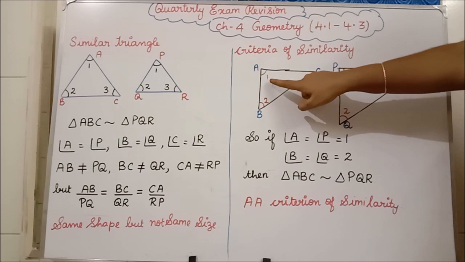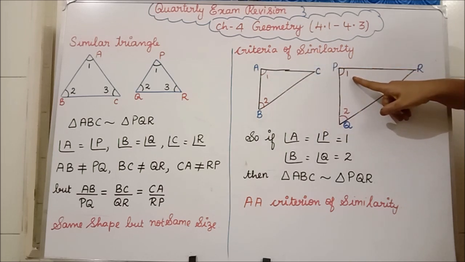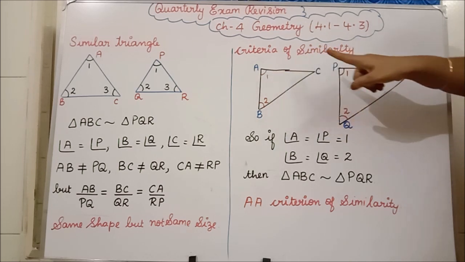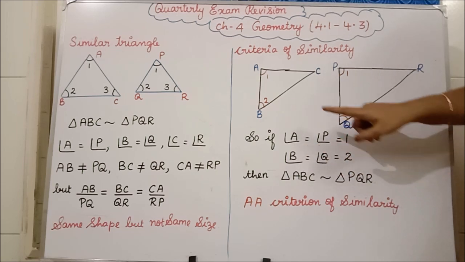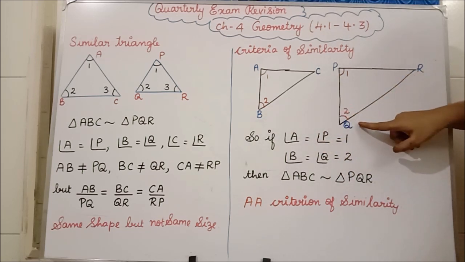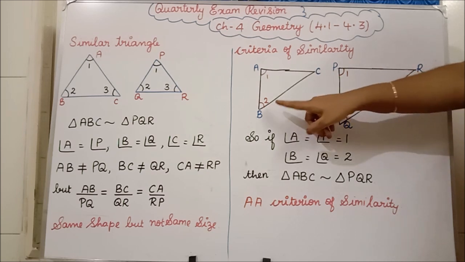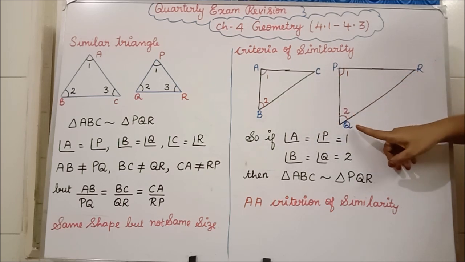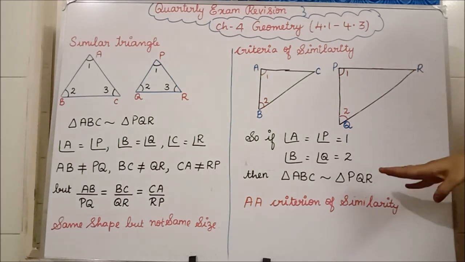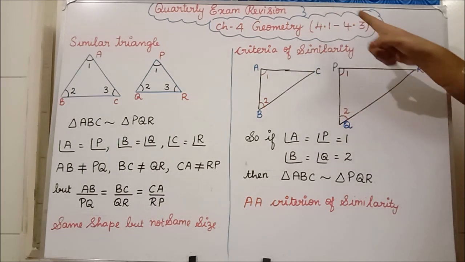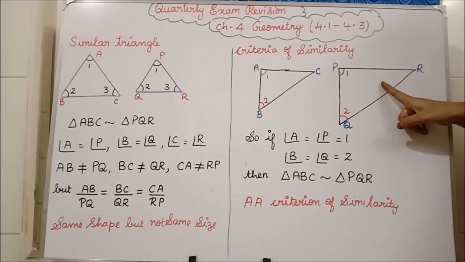See, here angle 1, here also angle 1, so angle A is equal to angle P. Here angle B is equal to angle Q, because here also angle 2, here also angle 2. So by AA criterion, triangle ABC is similar to triangle PQR.